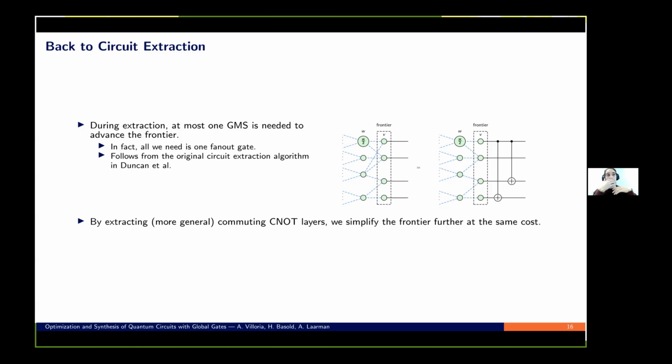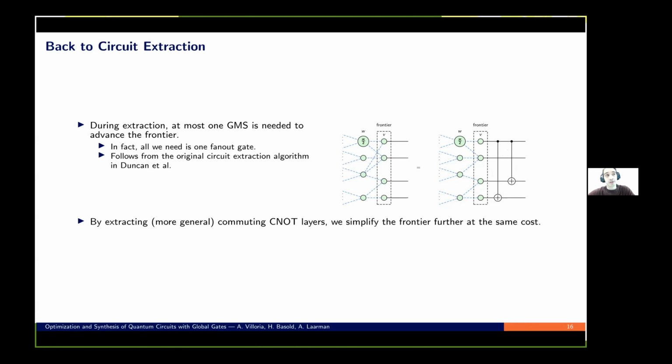So if we create a process in which we take a frontier and we say, okay, we are only able to execute a global gate in order to advance it, then this will always have a solution. And the most basic case would be a fan-out gate. For example, the example from before, to extract B, what we needed is a two CNOT fan-out.